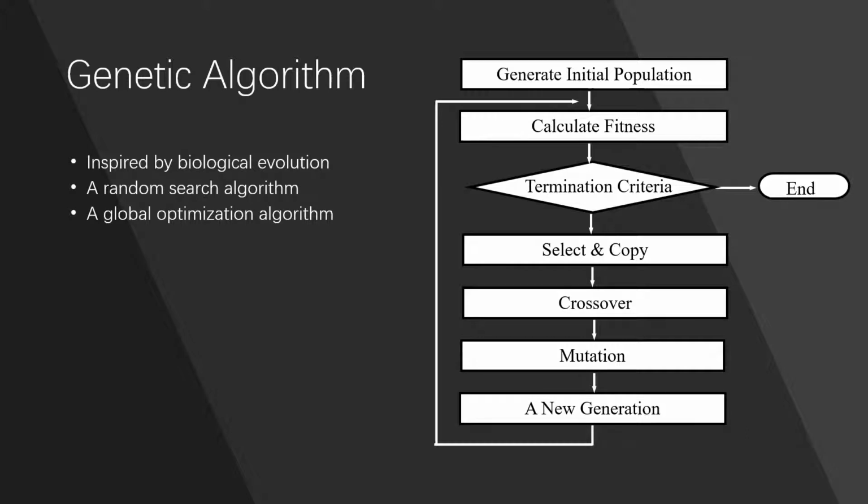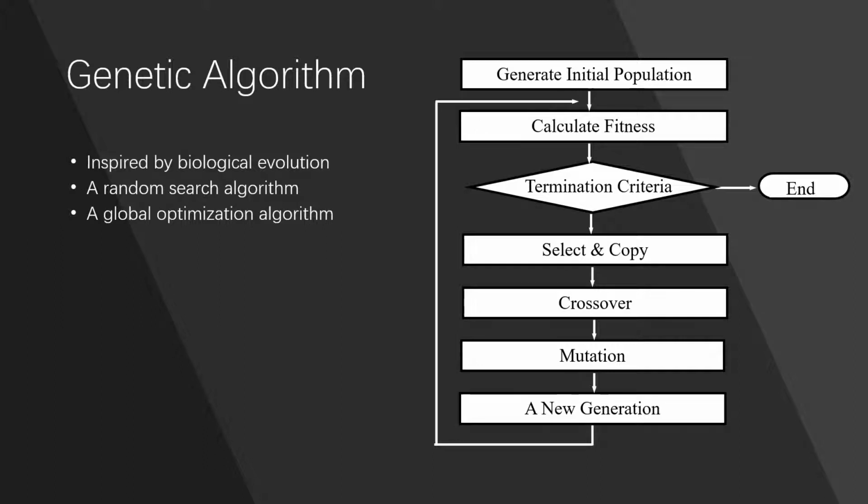In the next step, you need to select some individuals from your population and let them reproduce or copy them. After that, you need to do an operation called crossover, which basically exchanges the genetic information between these individuals in your population.